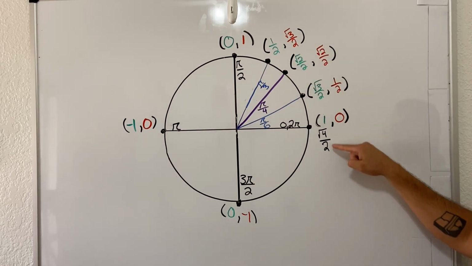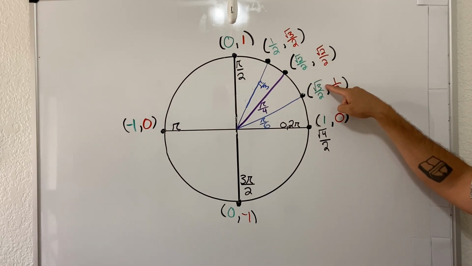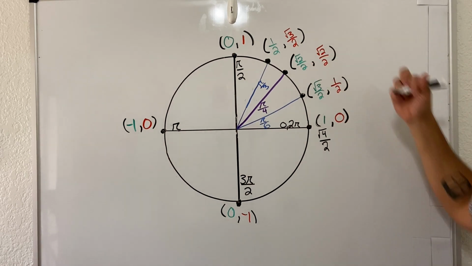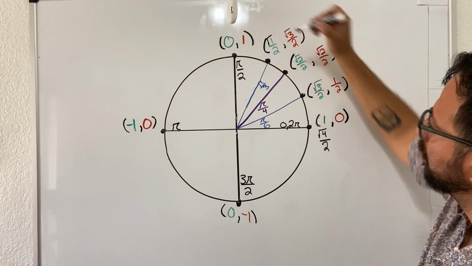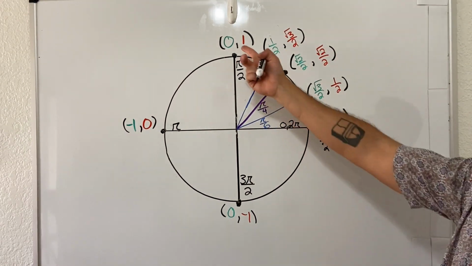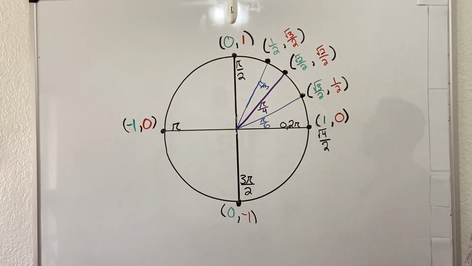So we have root 4 over 2, then root 3 over 2, then root 2 over 2, then root 1 over 2, which is just 1 over 2, and then root 0 over 2, which is just 0.